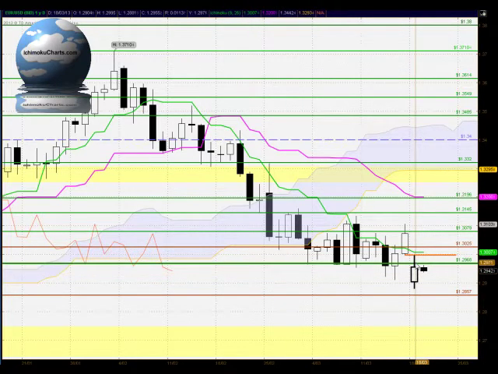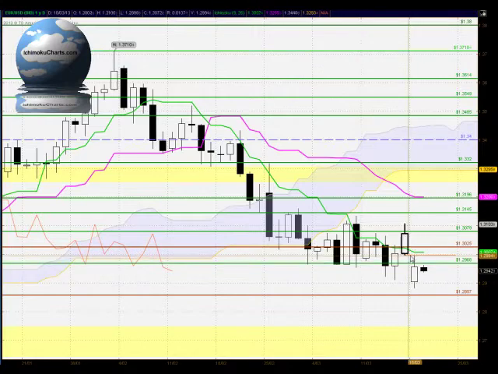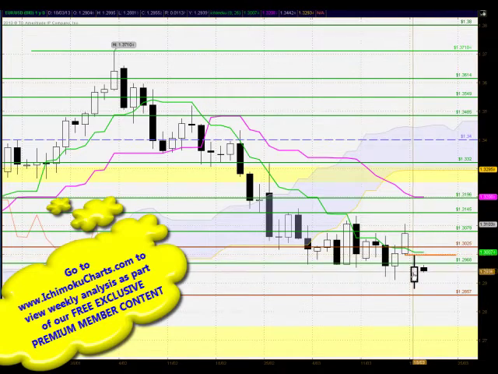Now, the buyers did lose commitment as the market tested almost to the previous low of the previous candle, and here we see that the market gapped down at the opening of trading and tested up to that level and failed to close that gap.